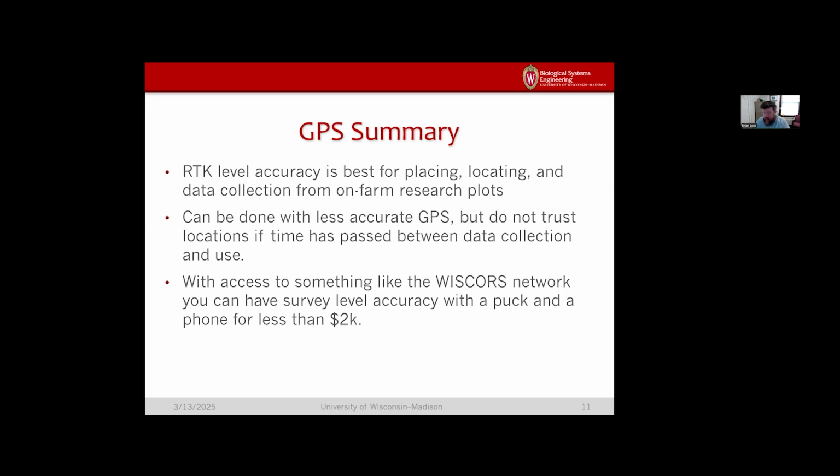Like I said, it can be done with lower accuracy, but don't trust your GPS points when you come back months or whatever, even as little as weeks later.